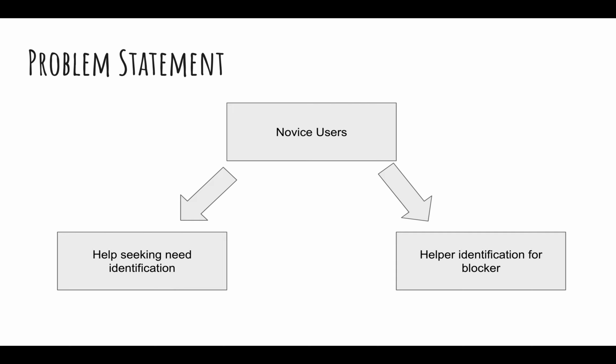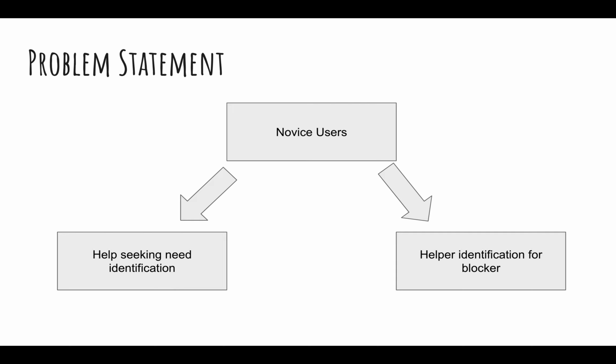So, novice users tend to struggle with firstly identifying what the help seeking need is, and secondly, identifying helpers for the help seeking needs. The first problem that they struggle with is identifying help seeking needs. This is due to a lot of the problems that they face being very abstract, conceptual, and new to them, which leads them to not being able to identify specifically what about a task is blocking them and why it is a blocker.